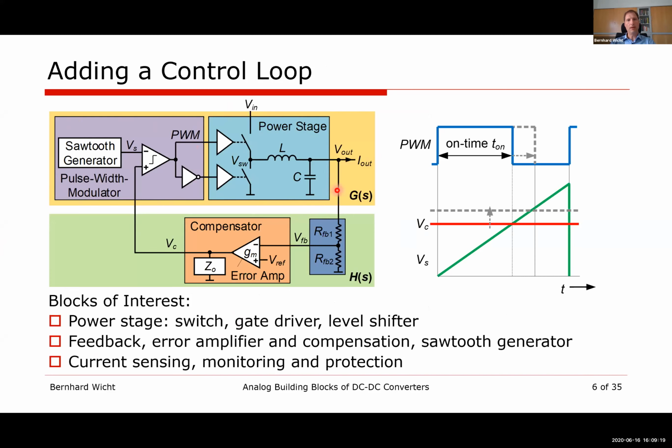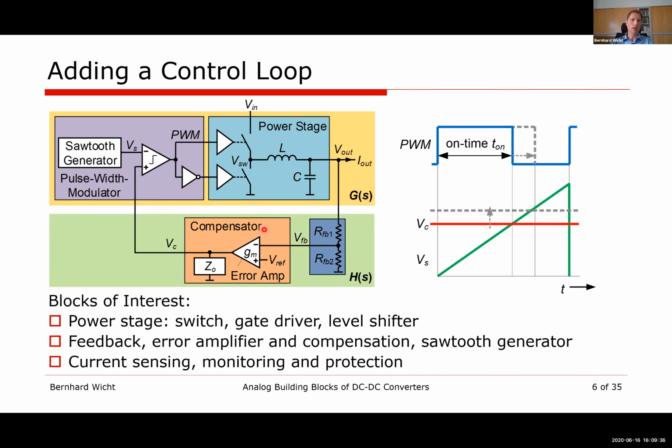The loop is closed by the feedback, by the actual controller, which consists of a resistive divider that generates a downscaled measure of the output voltage.